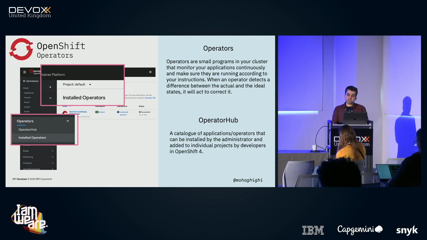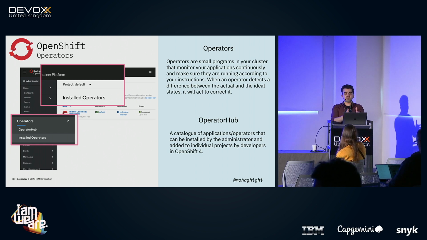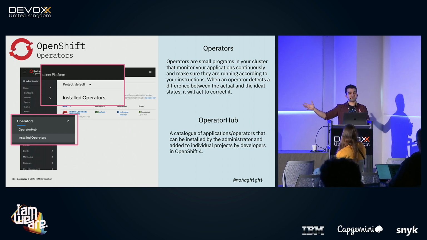And then there's another important aspect, which is operators. Operators are small programs in your cluster that monitor your applications continuously. Operators are also a way for you, as an ISV or a software vendor, to package your solution and make it available to all OpenShift clusters around the world. The OperatorHub is like the app store on your phone, for instance.